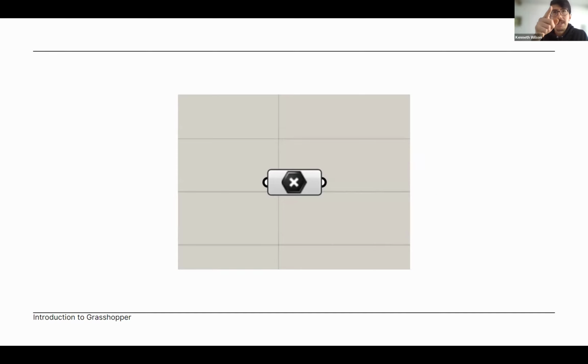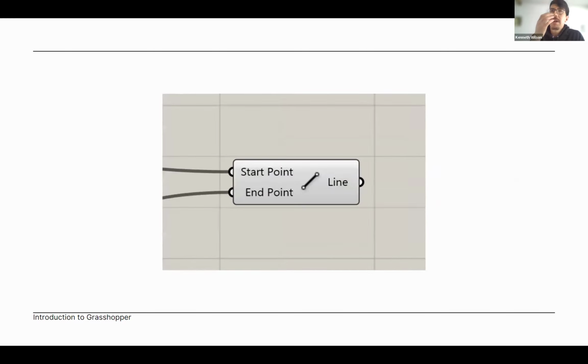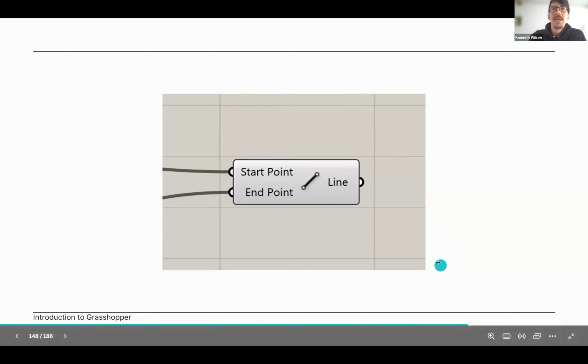You have this node type, which is called a container. It contains information. You can load information from Rhino, from your 3D modeling interface, into these containers. This is a point container, for example. And you have nodes that perform mathematical or logical operations with this information. This is a very simple node, a line node that takes two different points and draws a line between these two points.